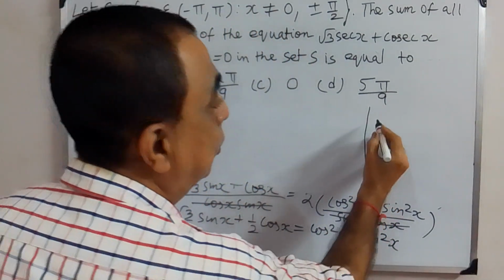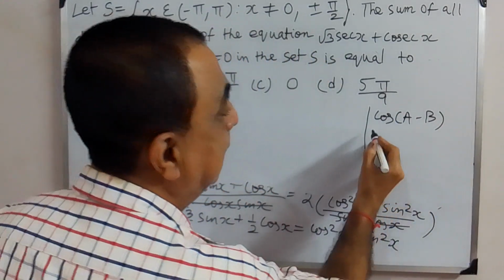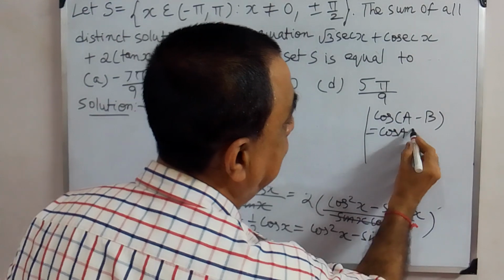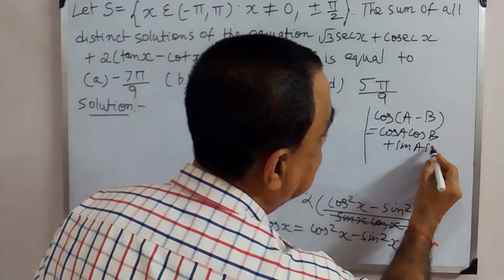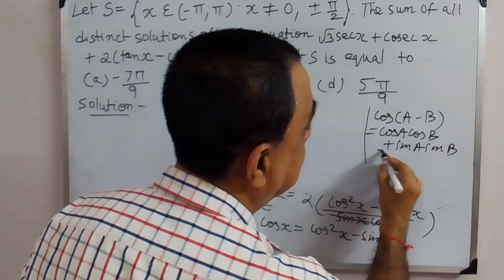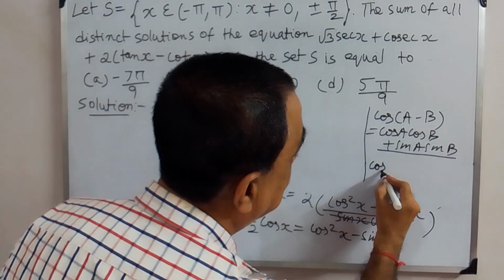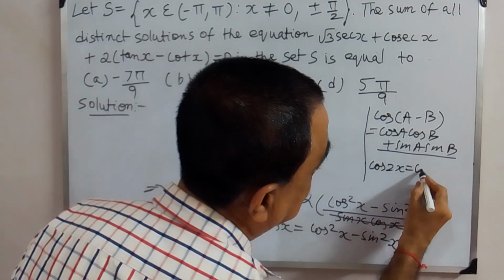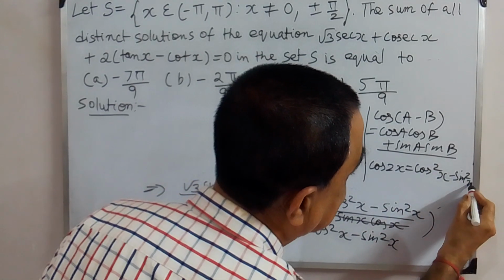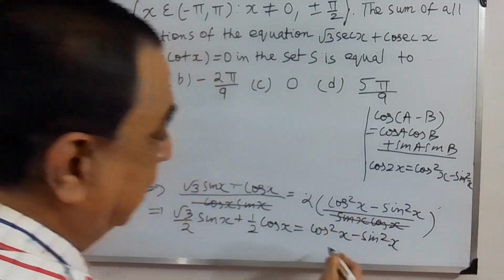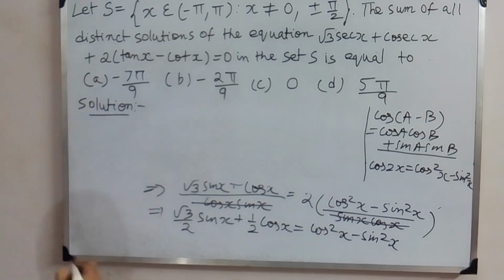See here, the cos A minus B formula is what? cos A cos B plus sin A into sin B. So this formula will be used, and we also know that cos 2x is equal to cos squared x minus sin squared x. So this will be changed to cos 2x. So these two formulas will be used.